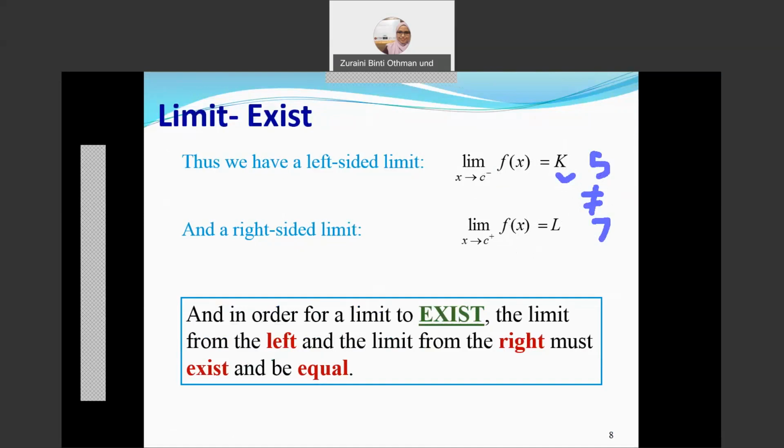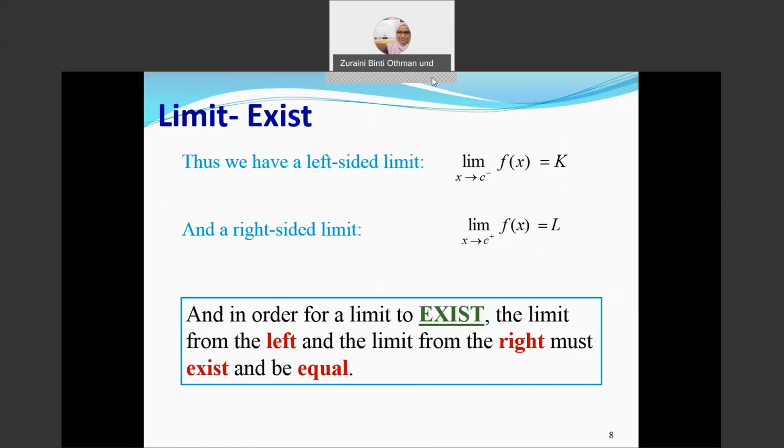As in order for limit to exist, the limit from the left and the right must exist and be equal. Maksudnya kalau contohnya macam tadi tu kan 2x campur 4 tu.